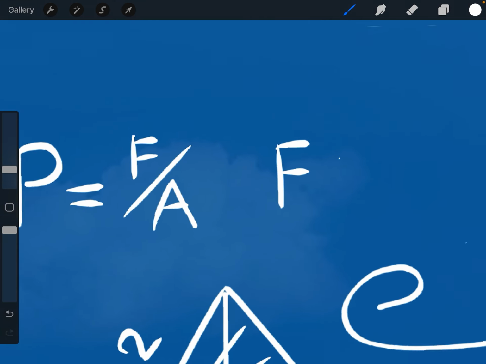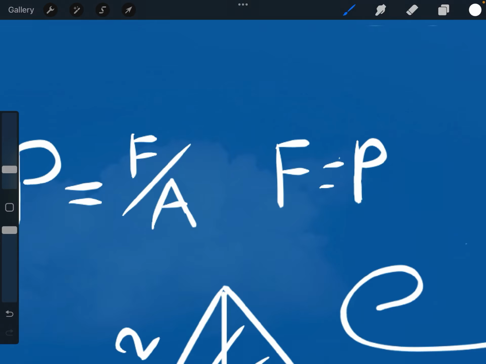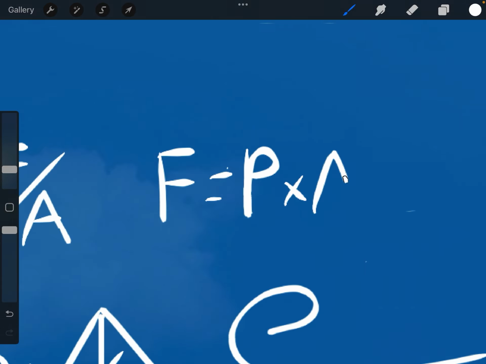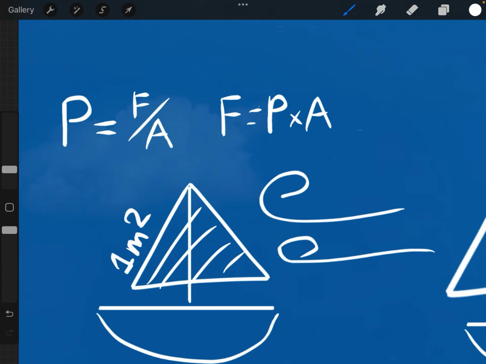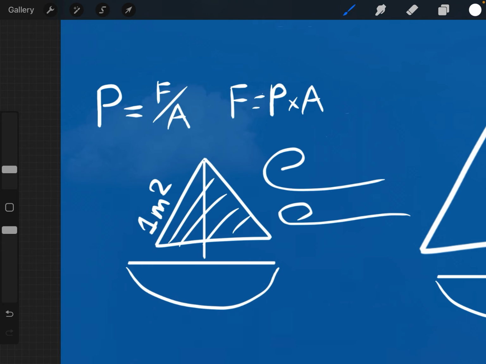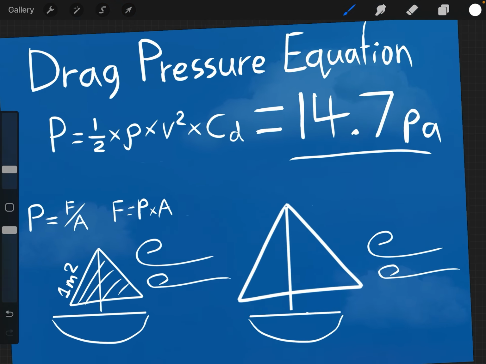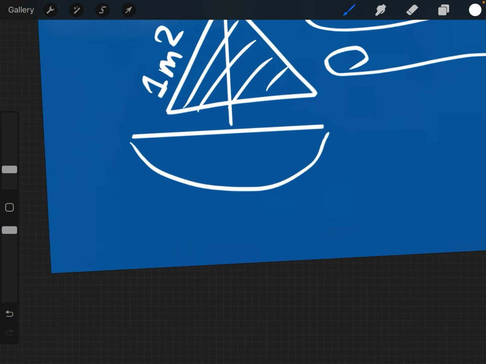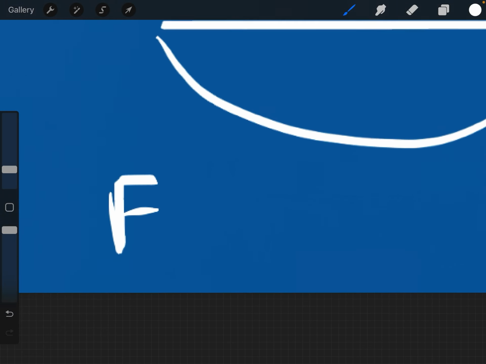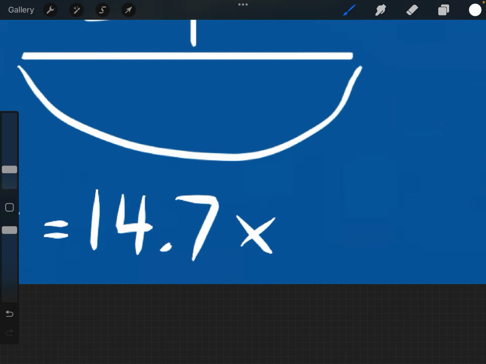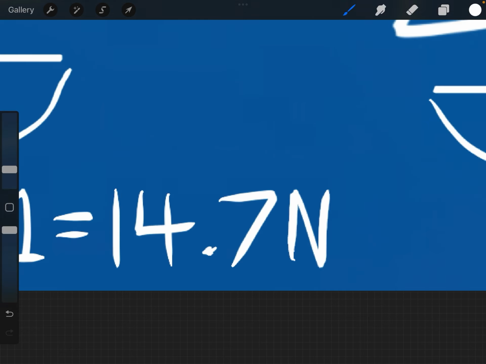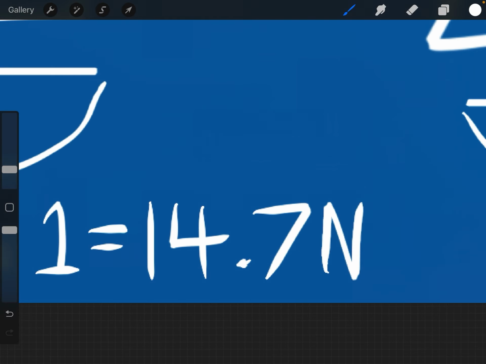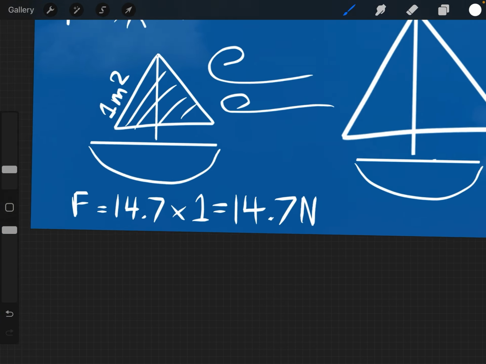So force is simply going to equal pressure times area. So in this instance, where we have an area of 1 meter squared, and we know that the pressure from the wind is 14.7 pascals, we can say force is equal to 14.7 times 1 meter squared, which is equal to 14.7 newtons of force acting on the boat.